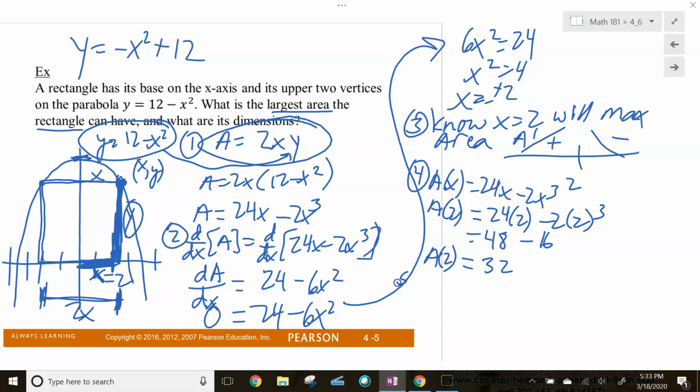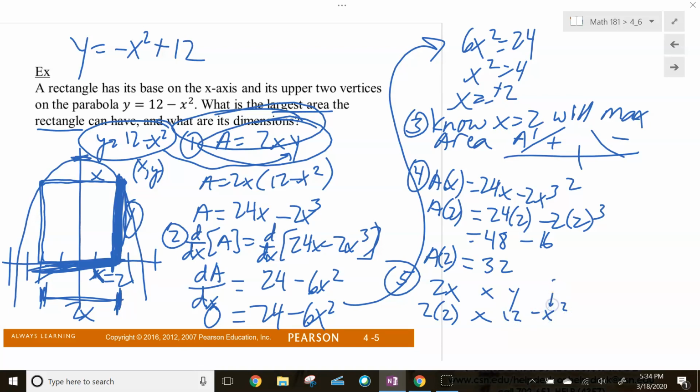Now, the last part of this does say, what are the dimensions? So the dimensions are 2x by y. So 2 times, we know x is 2, and then by our height, which is 12 minus x squared.